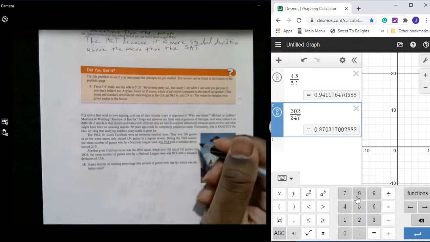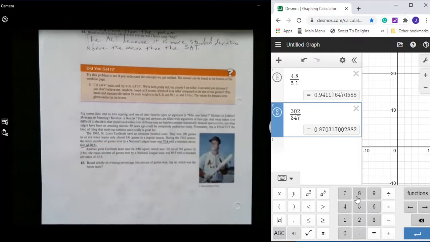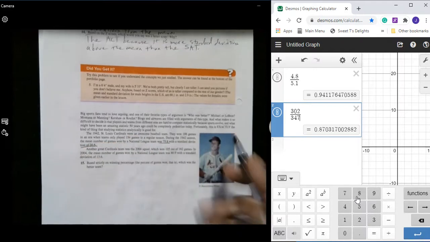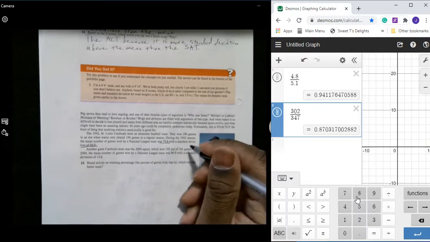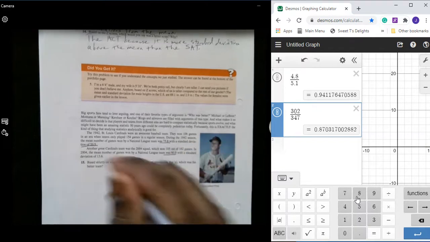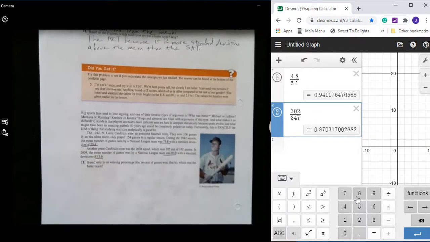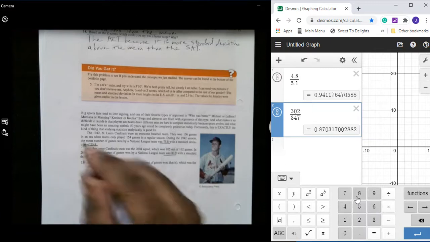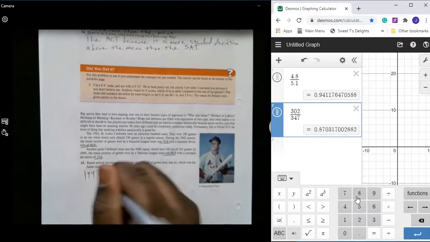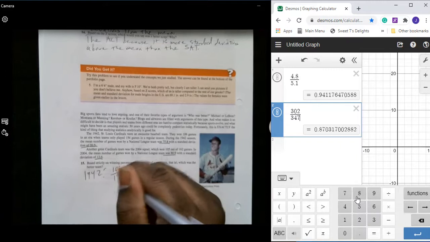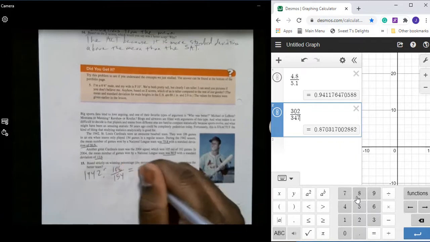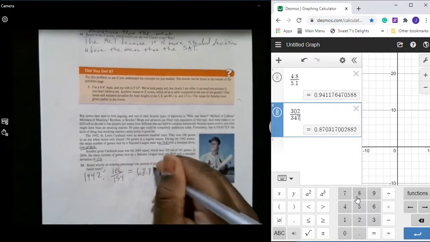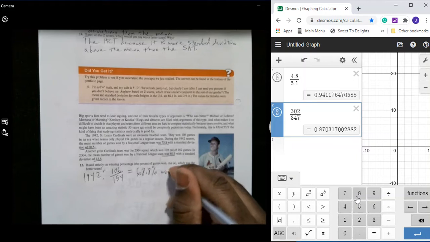So if we look here, this was the mean, and this was the standard deviation for 1942. And this was the mean and standard deviation for 2004. Now, based strictly on winning percentage, the percent of games won, which was the better team? The 1942 team won 106 out of 154 games, which is 68.8% won.